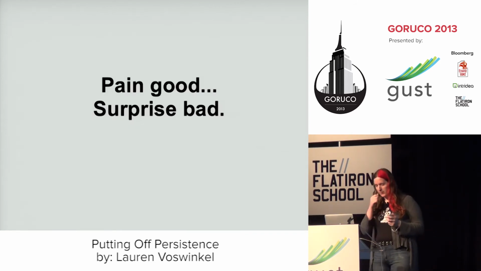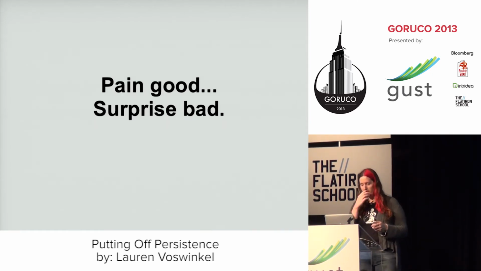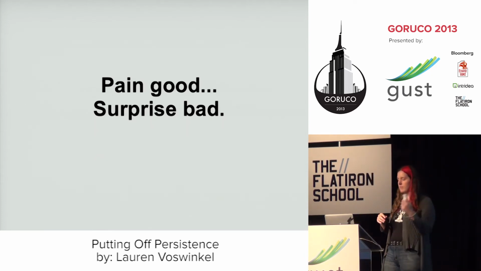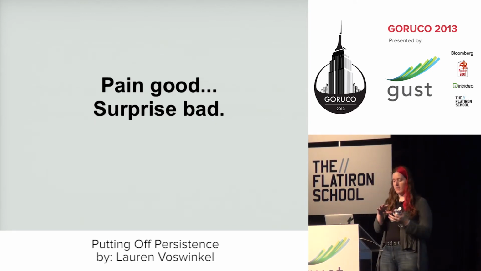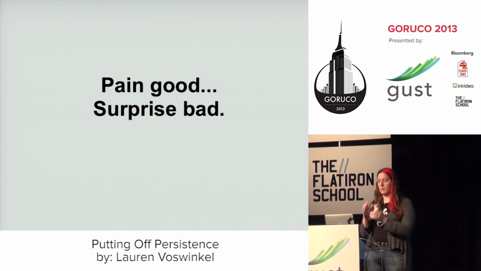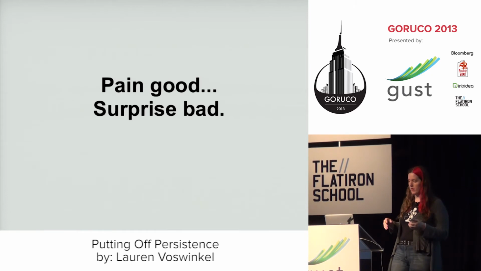So in this case, again, pain is good. Also, surprise is bad. By extracting the collection management into a separate class, we now have that API that we are managing and that is what's interacting with our objects inside of our own domain.